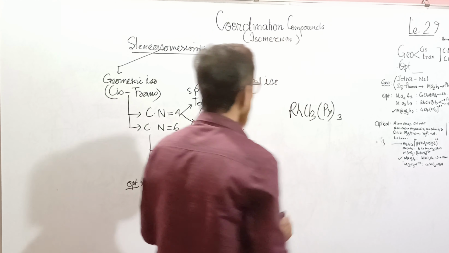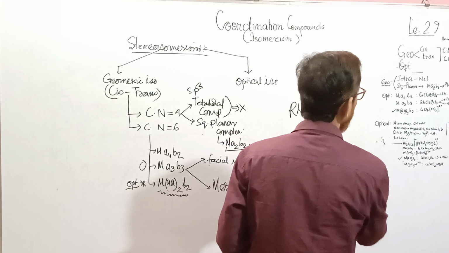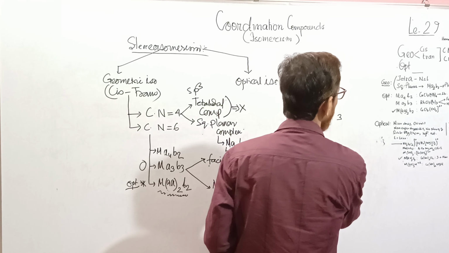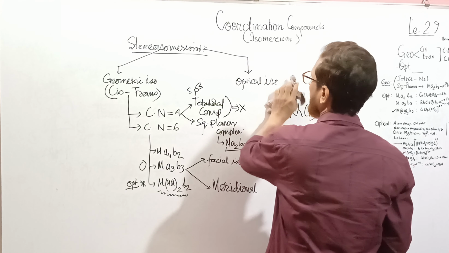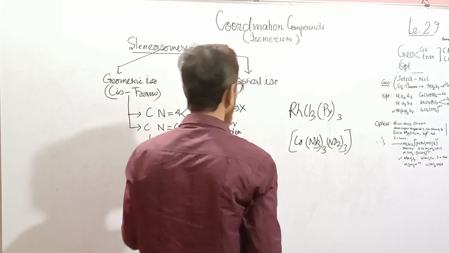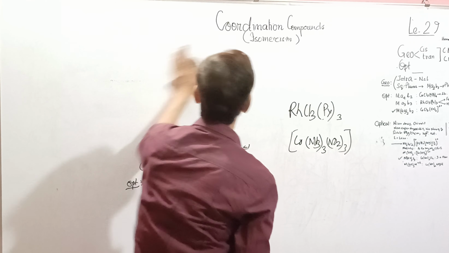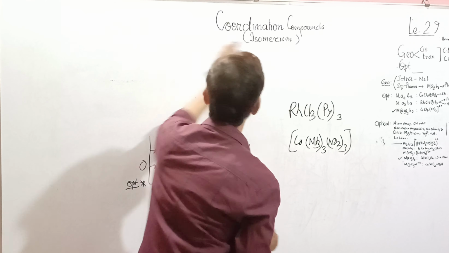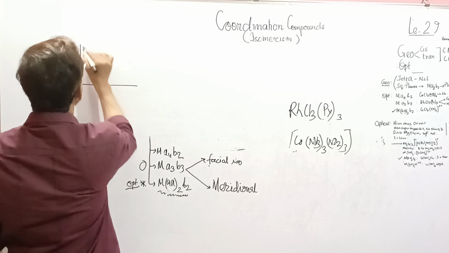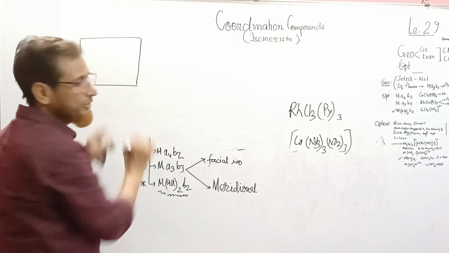I have marked this earlier, and this is a very important type, because here I will take one example to explain facial and meridional isomers. Follow minutely, this is very important.